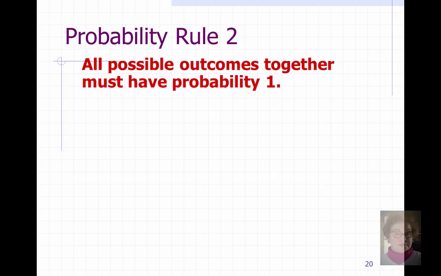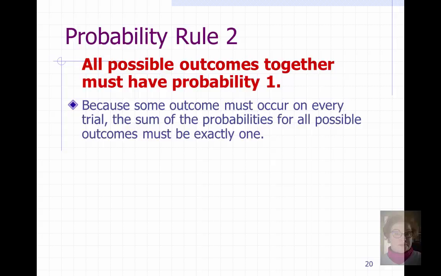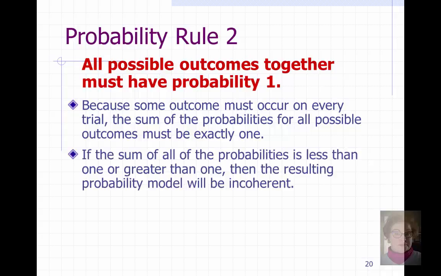Sometimes coins and dice can be created that aren't fair, but still the probabilities of all the possible outcomes will add up to 1. So we call these coherent models. When the total probability is not 1, the model is incoherent, meaning it doesn't make sense.